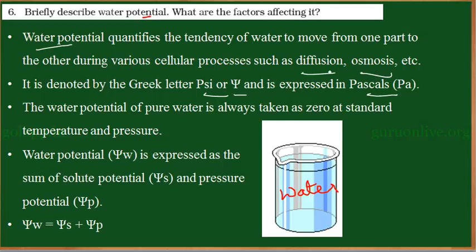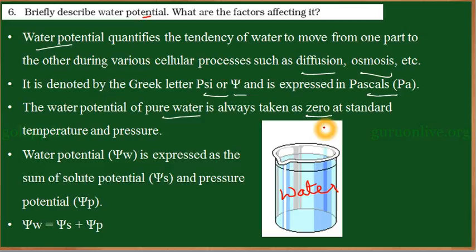If water potential is more, the water moves from its higher water potential to the region where water potential is less. Now, the water potential of pure water is always more, and it is taken to be 0. Here this is a container containing water. There are no other dissolved solutes, and this is open.